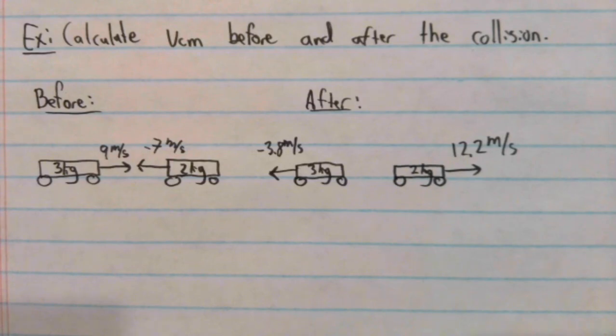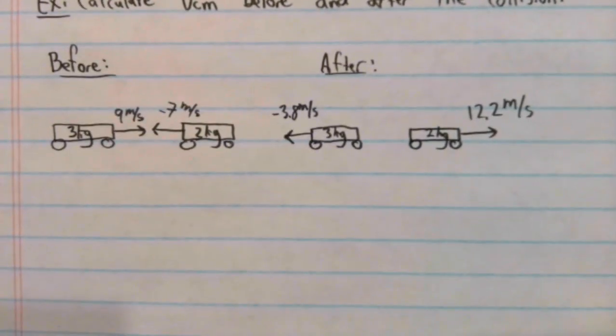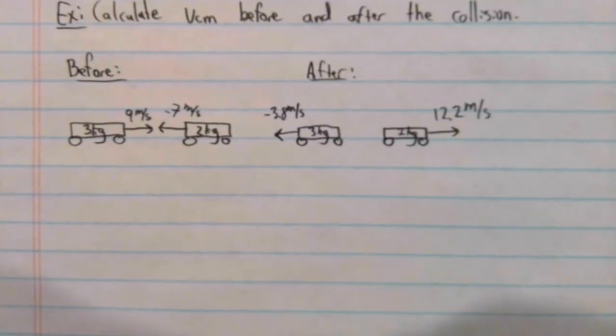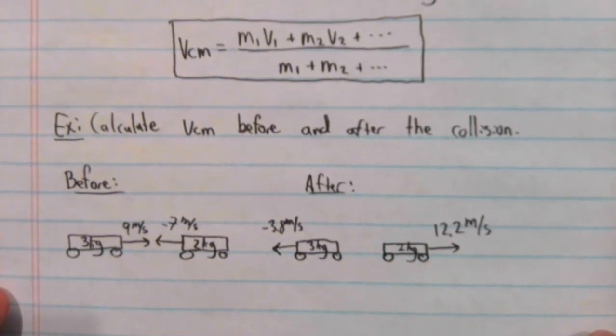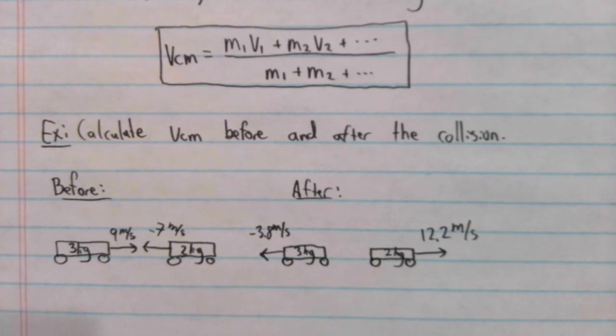So, center of mass, I hope it's easy to see how to calculate. I'll write the equation, and we can just refer to it right here. So, this will be object 1. There's velocity 1. This is object 2 with mass 2 and velocity 2. And same thing for here.